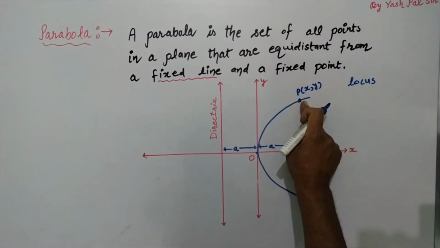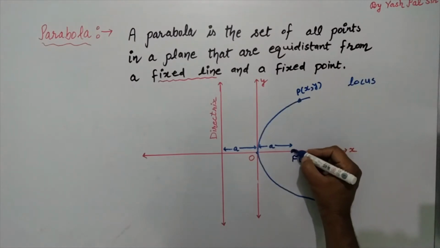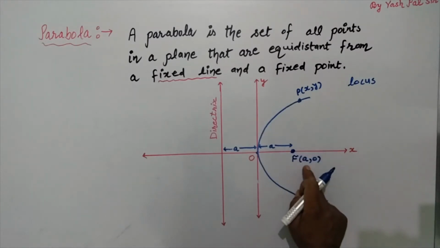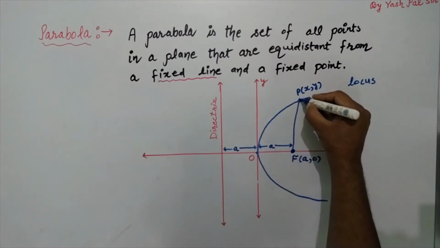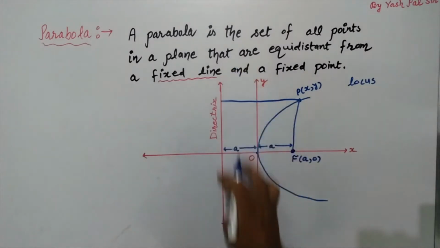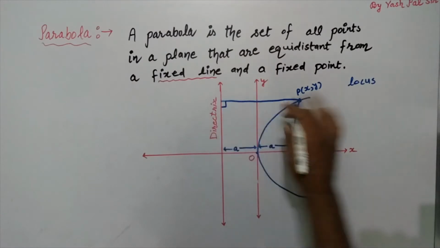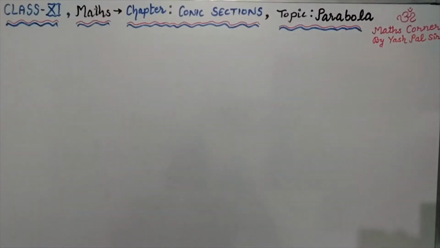Parabola is the locus of a point which moves in the plane in such a way that the ratio of its distances from a fixed point, which is called focus of the parabola, to the perpendicular distance to a fixed line, which is called directrix, is equal to 1. Okay, so the ratio of this and this is always equal to 1.